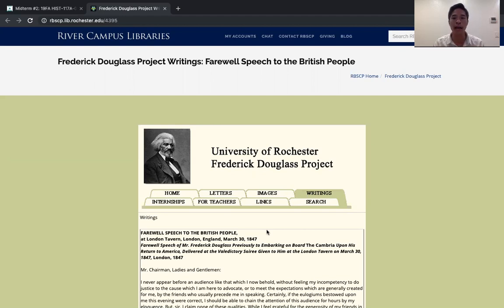So he goes to London and makes this speech to thank the British people for inviting him to come over to speak. But he really talks about the irony of it all, that you have America that was founded on freedom, independence, and equality, but yet how things develop and play out from the 1770s all the way up into the 1840s.